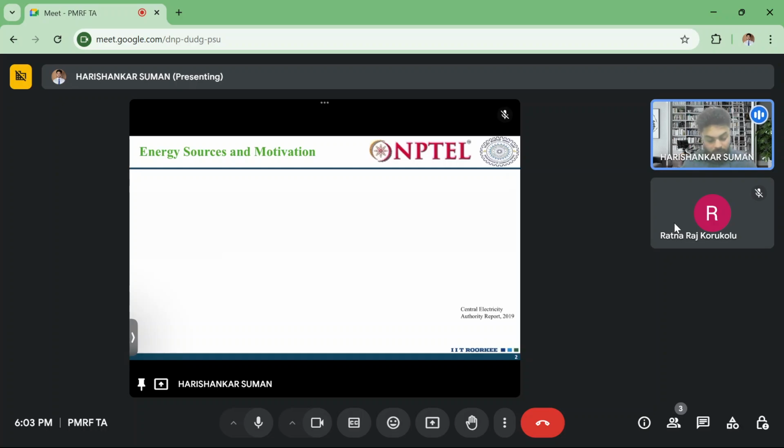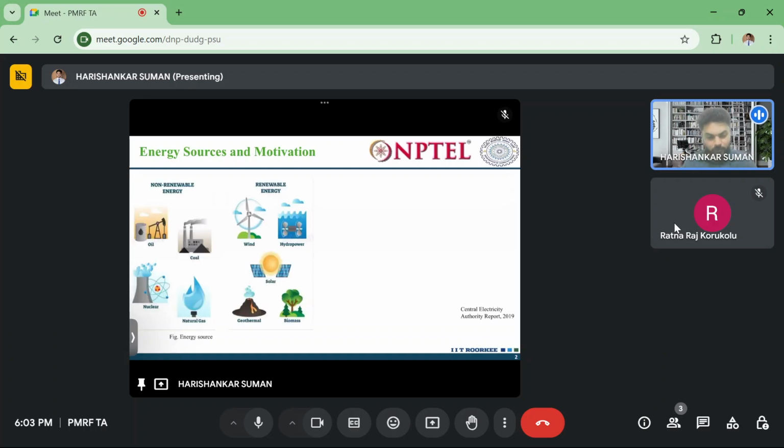We discussed renewable and non-renewable energy sources. Non-renewable sources are limited in nature and also pollute the environment. So the solution is renewable energy. We can use wind, hydropower, solar, geothermal, and biomass.